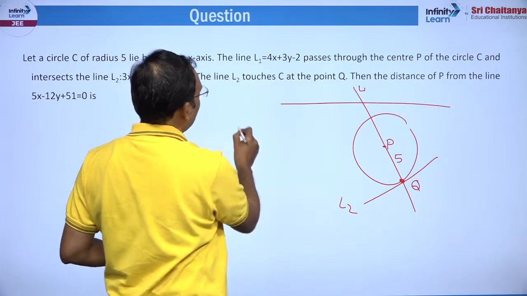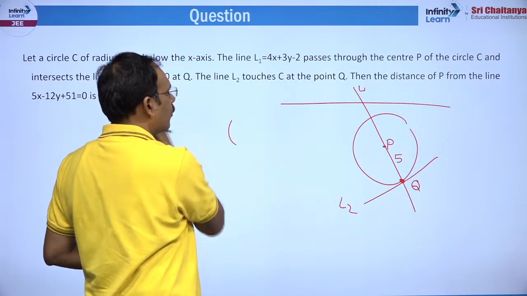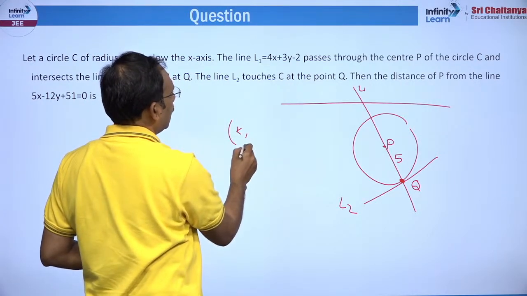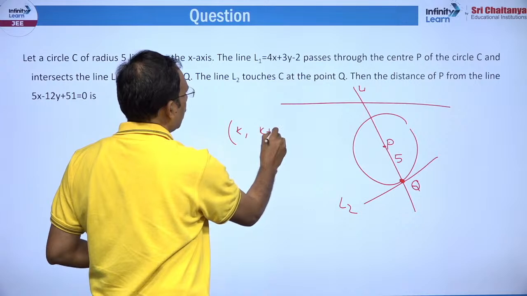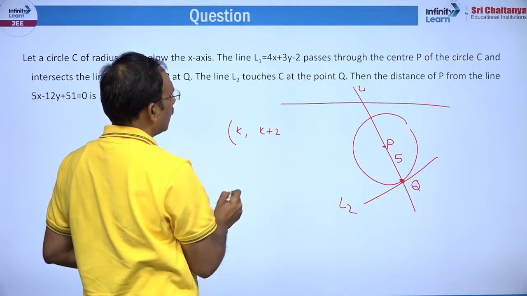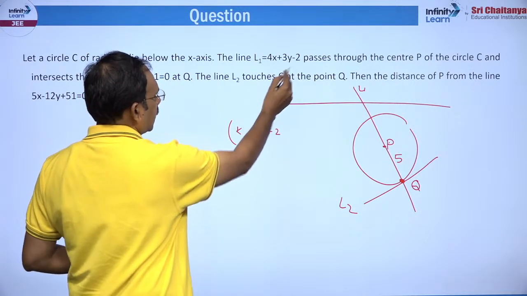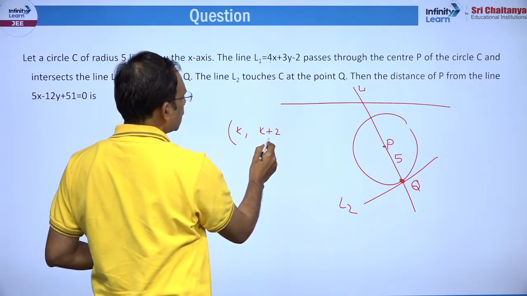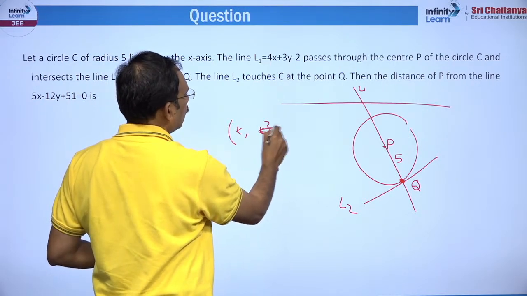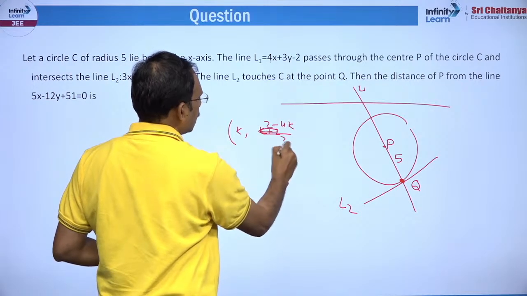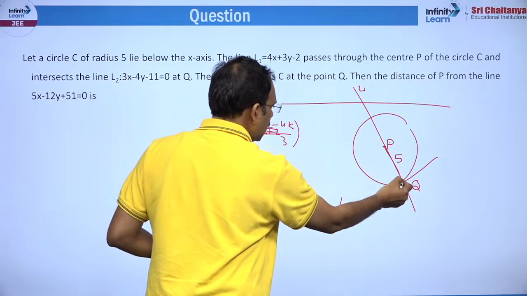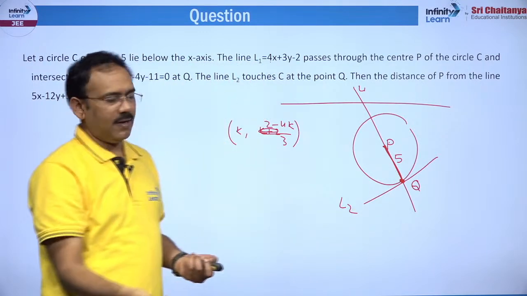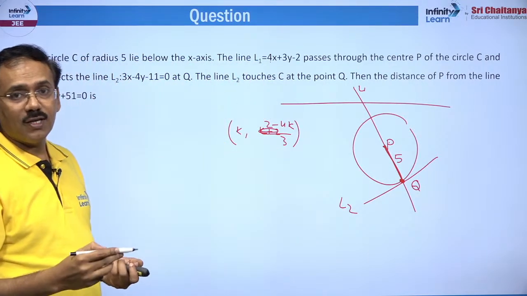Any point on L1 you can take, like if you take x coordinate as k, then 3y is 2 minus 4k, so y is (2 minus 4k) by 3. The distance between these two points is equal to 5, you apply that, so that you will get a quadratic equation in k.